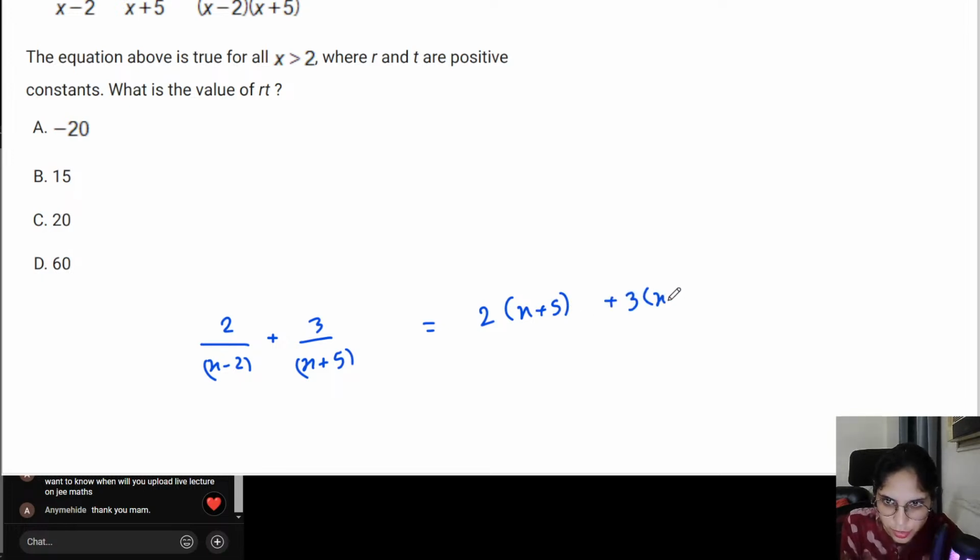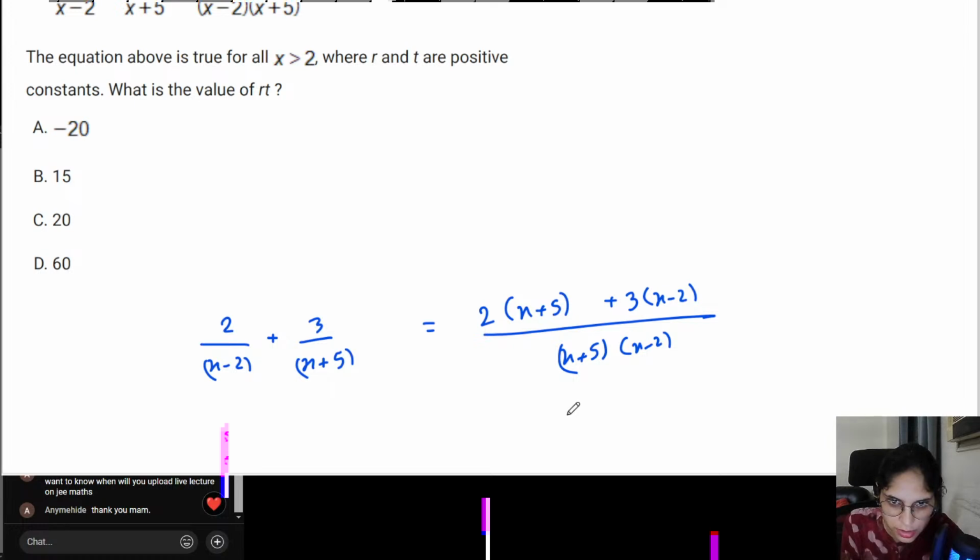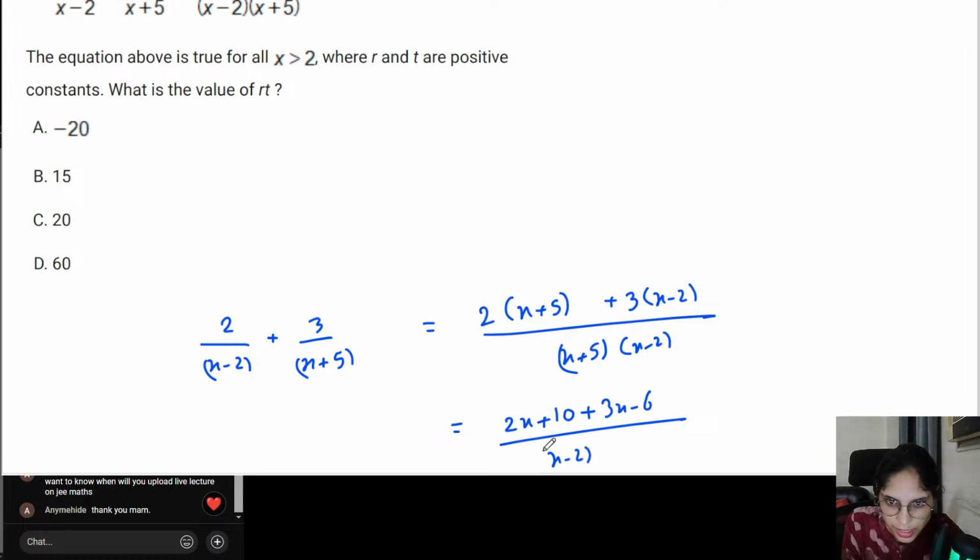You multiply x minus 2 over here. And in the bottom, you will get x plus 5 and x minus 2. Because you're multiplying x plus 5 both on top and bottom, getting this. You're multiplying x minus 2 on both top and bottom, you're getting this. Now you open it up, 2x plus 10 plus 3x minus 6 over x minus 2 times x plus 5. 2x plus 3x is 5x. 10 minus 6 is 4.